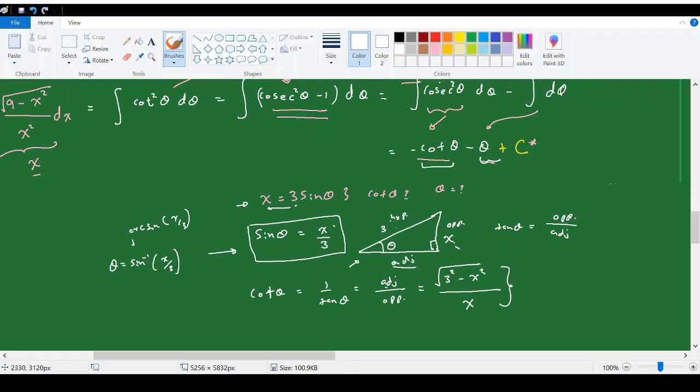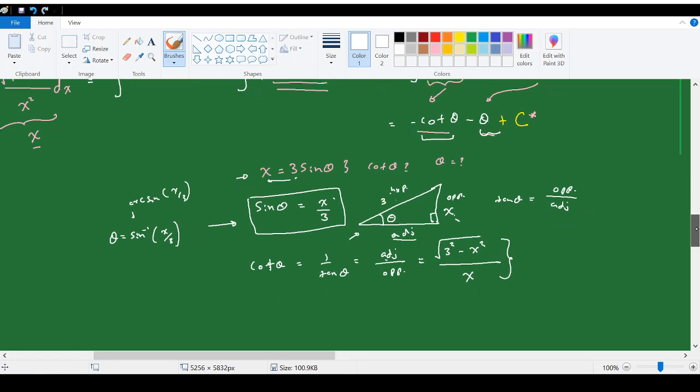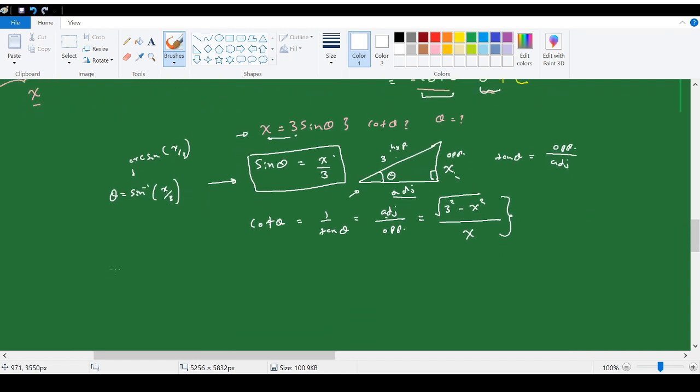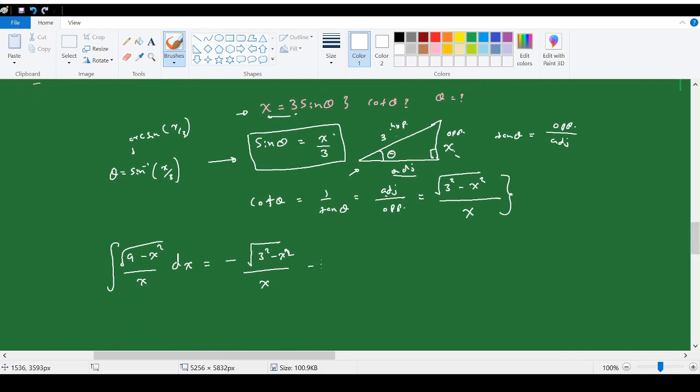Right, now we have all the results to write the answer for the given integral, which is the square root of 9 minus x squared divided by x dx, and that is equal to negative cot theta, which is this one, the square root of 3 squared minus x squared over x, minus theta, and that is equal to sine inverse x over 3 plus the arbitrary constant.